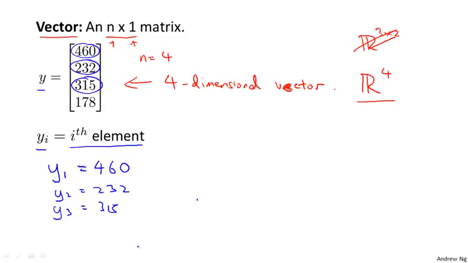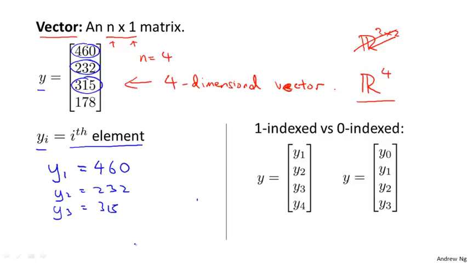Also, it turns out that there are actually 2 conventions for how to index into a vector, and here they are. Sometimes people will use 1 index and sometimes 0 index vectors. So this example on the left is a 1 index vector where the elements we write as y1, y2, y3, y4. And this example on the right is an example of a 0 index vector where we start the indexing of the elements from 0.